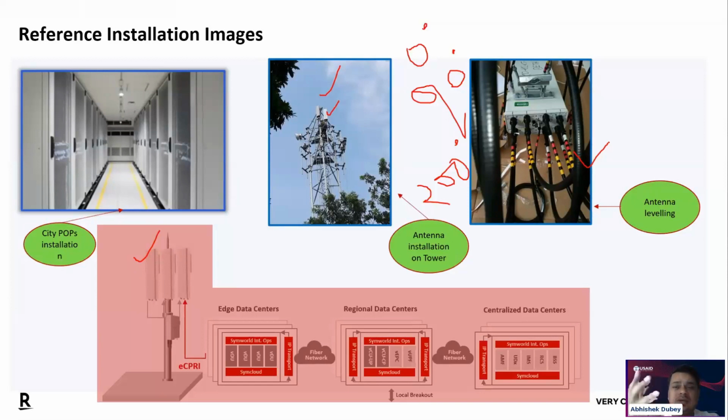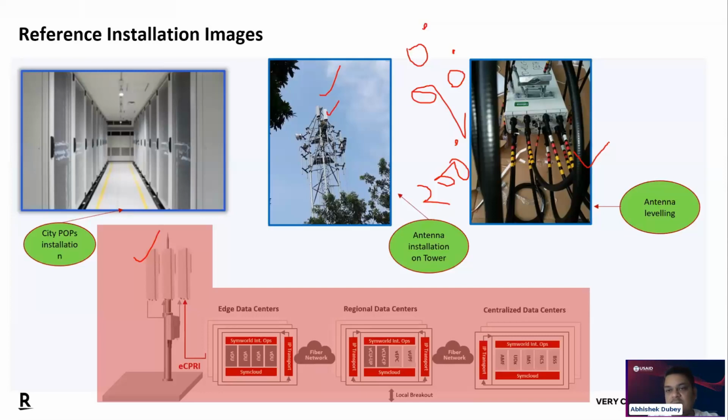If the antenna is active and the radio or ORU is integrated with the antenna, then this is not required, because you don't require a jumper cable in that scenario. I'm just explaining the possibilities that you might have with your operator. If it is integrated, then you don't require this. But if it is a separate ORU, then a jumper cable is required.